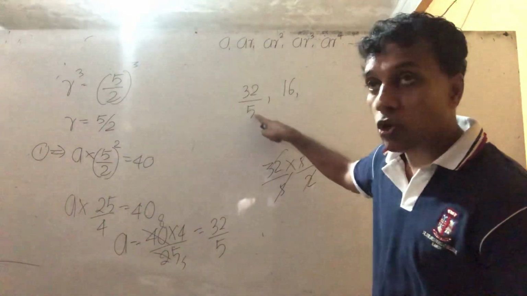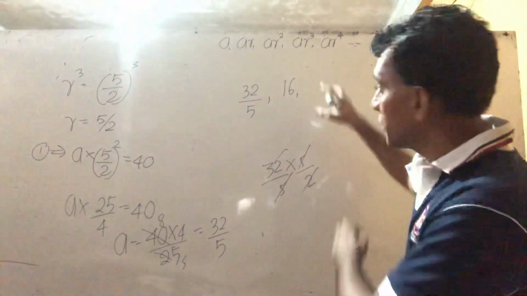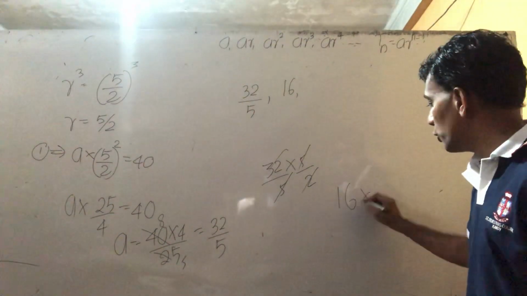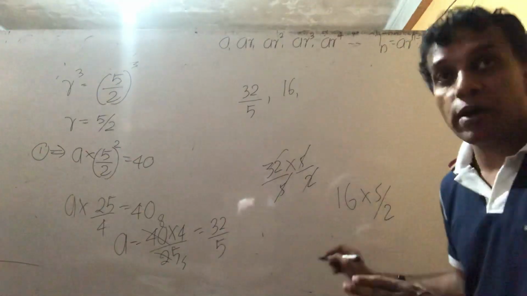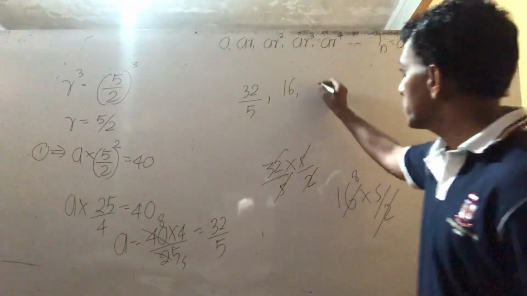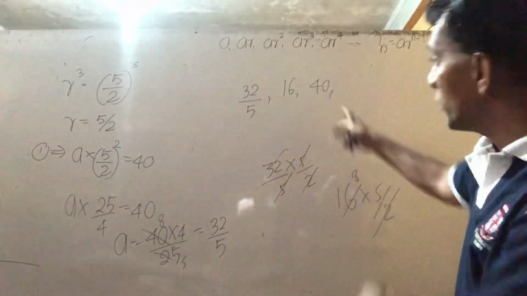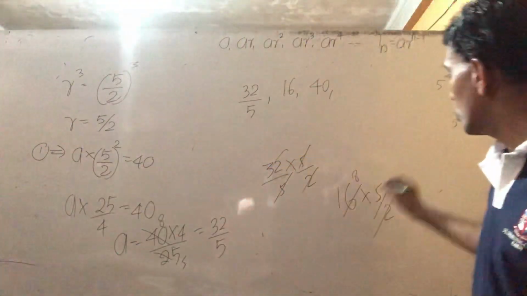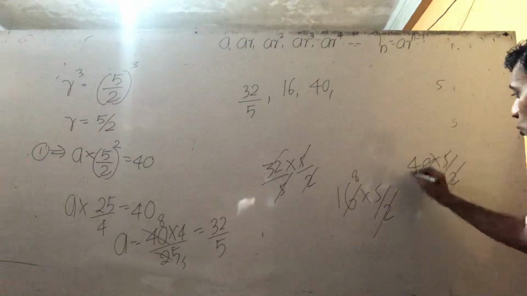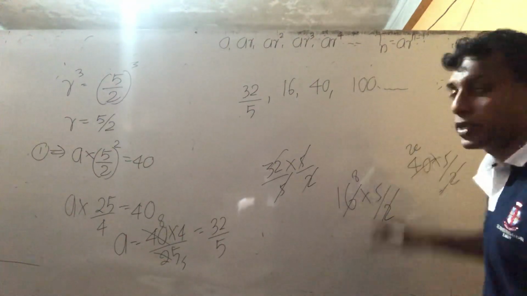A is known, A multiplied by R gives the next term. 16 multiplied by 5 over 2: cut the 2, 8 times 5 is 40. The next term is 40. Then 40 multiplied by 5 over 2: cut the 2, 20 times 5 is 100. And so on. This is the method.